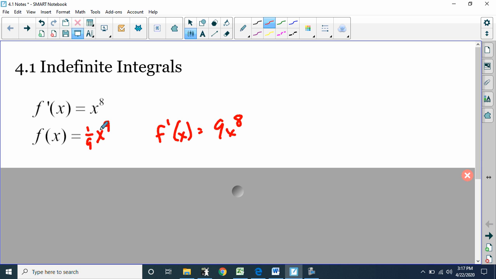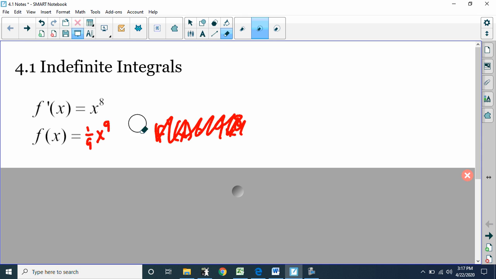So now when I move this 9 out front, I have 1/9 times 9, which is 1, subtract 1 from the exponent, which is x to the 8th. Notice this isn't the only f of x that has a derivative of x to the 8th. 1/9 x to the 9th plus 1 also has a derivative of x to the 8th, because the derivative of 1 is 0, or plus 10, or plus 100, or plus 7, or minus 3, or plus any constant.